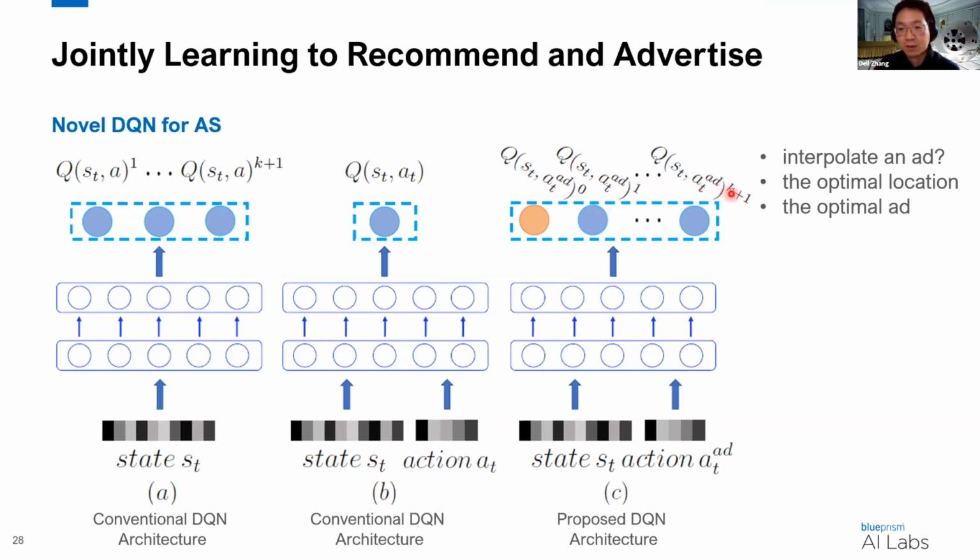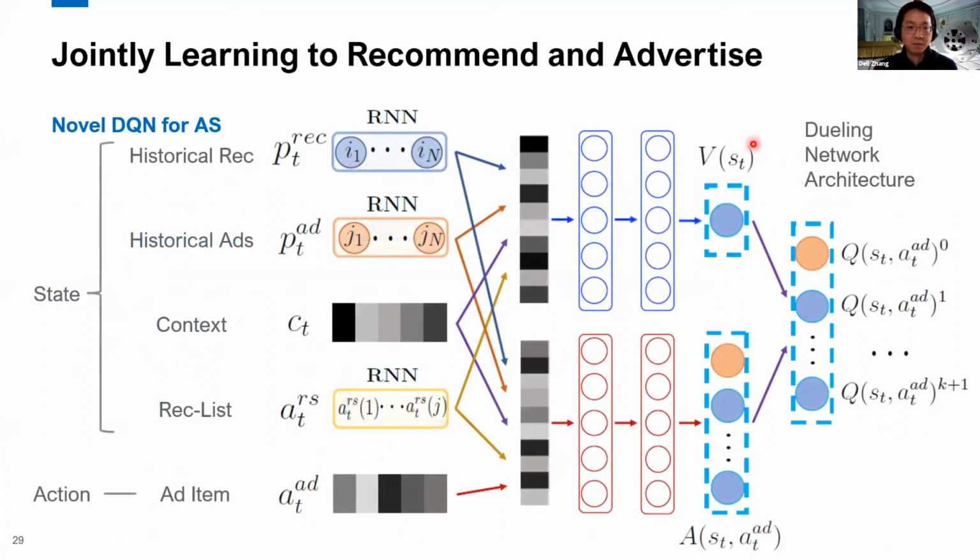And to determine whether we want to insert the ad or not at all, they also introduce a special Q value output for position 0. If this is the highest Q value among all the possible actions, then you would not add the ad to the list of recommendations. In this way, you could use one DQN to answer these three questions and make the optimal decision.